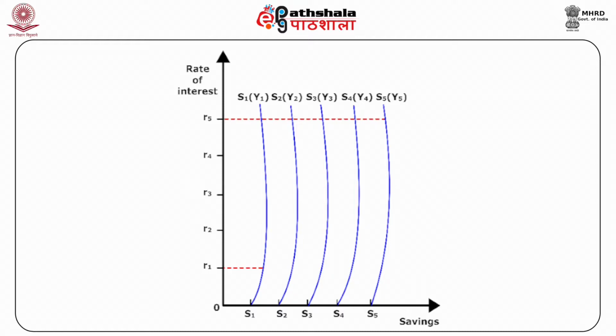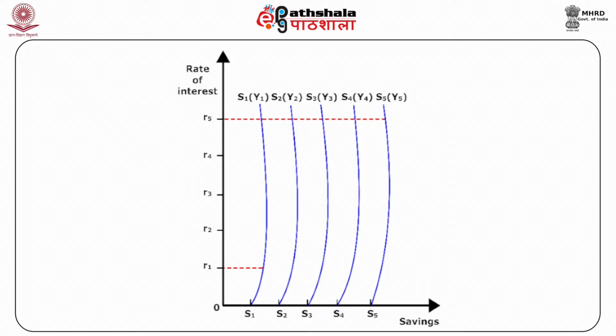The theory tells us that if the rate of interest increases, then it becomes more attractive for the households to save out of their income, and hence when the rate of interest increases, the savings level would also increase. There is a positive relationship therefore between rate of interest and the level of savings.